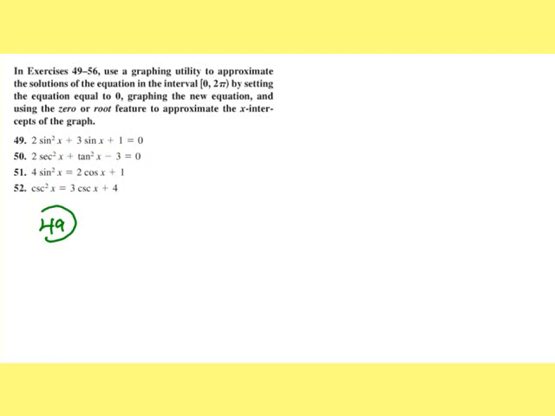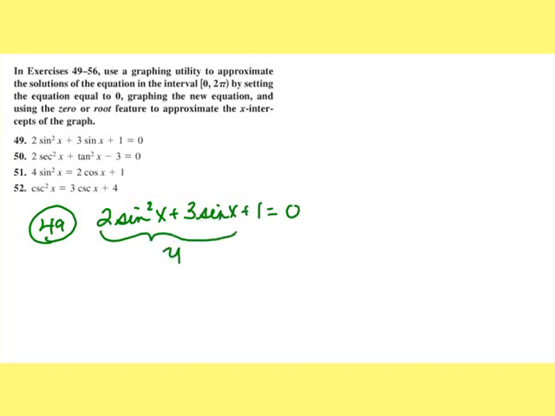So in number 49, you can let y1 equal 2 times sine squared x plus 3 sine x plus 1. So you're going to enter that into the calculator and graph it, and you're going to use your 0 function to find the zeros on the calculator.